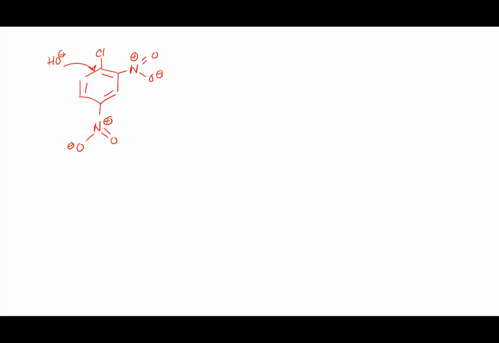And then this pair of electrons moves to that carbon. So what I end up with is the OH and the Cl attached to the same carbon, and then a negative charge next to the nitro group.